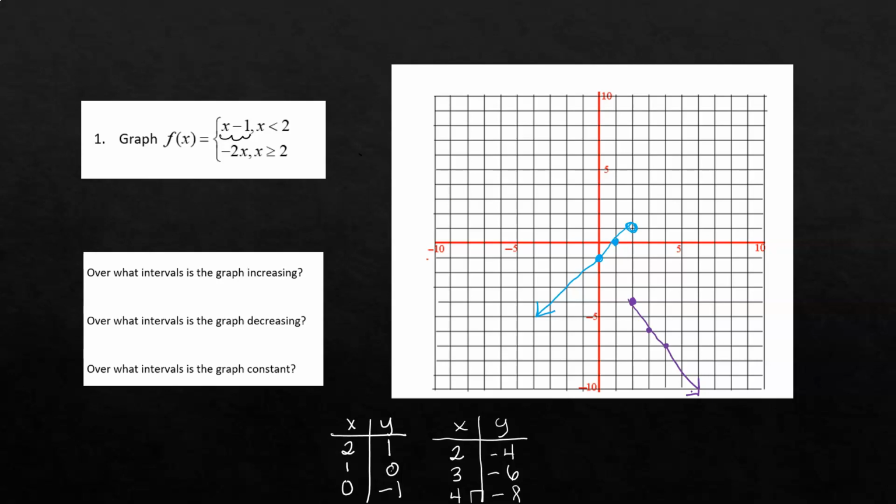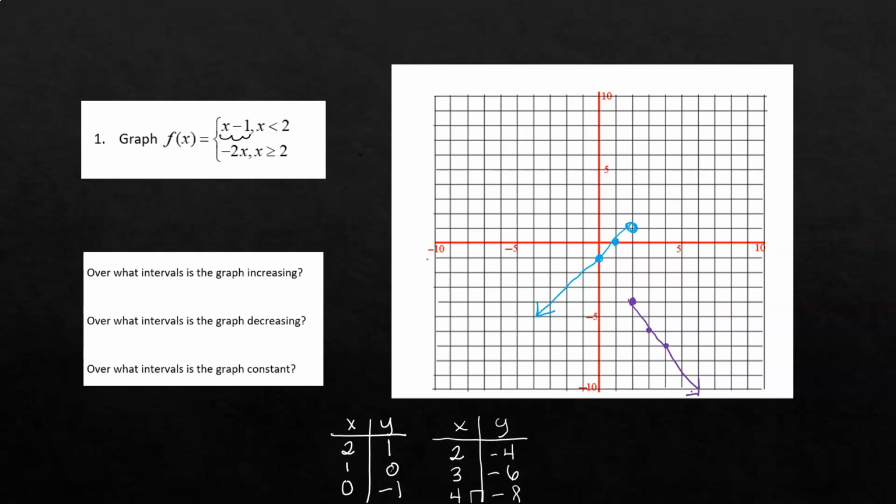Now here's the tricky part. The questions that are below. So over what intervals is the graph increasing? So we're looking from left to right here. When you are moving left to right, what intervals is the graph increasing?